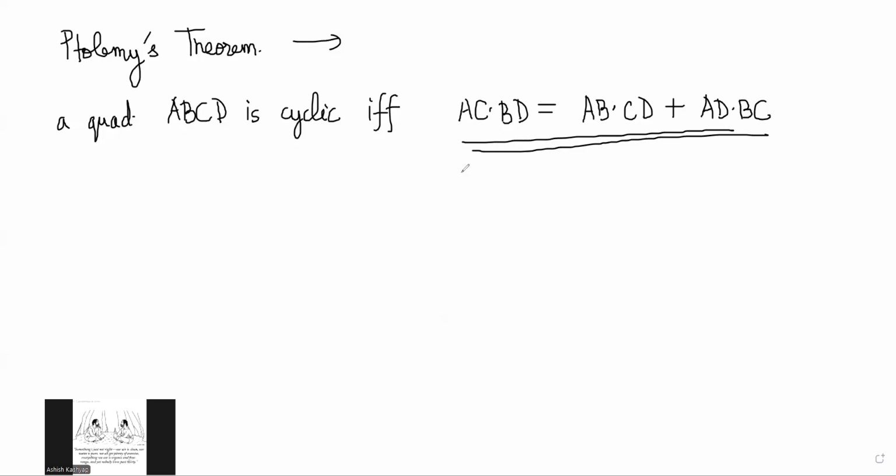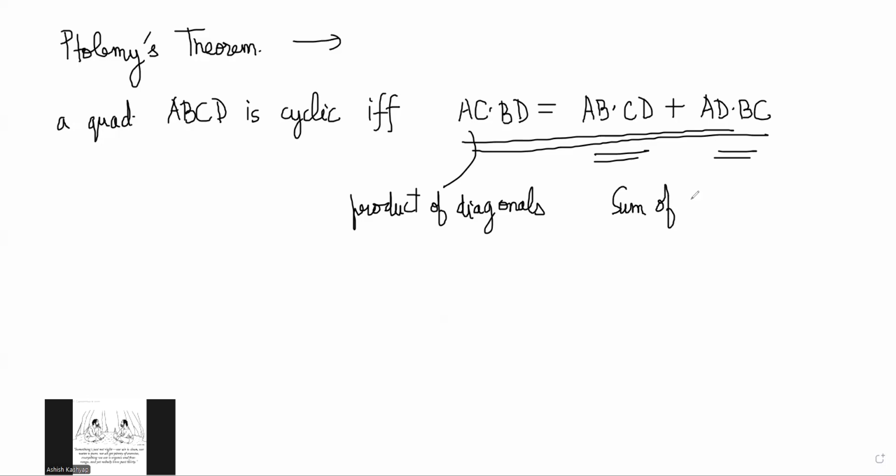Basically, how to interpret it? This is the product of diagonals, and this is the sum of the products of pairs of opposite sides.